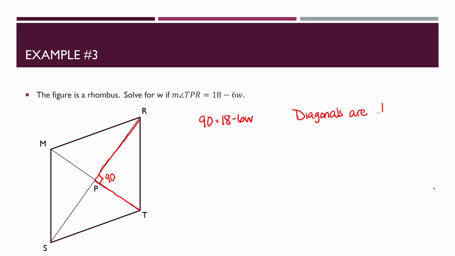And you can use that perpendicular symbol, the upside down T. So I'll go ahead and subtract 18 from each side. So 72 equals negative 6W. Divide by negative 6. So negative 12 equals W. But you have to remember on a rhombus, you have that 90-degree angle all in the middle there, okay?